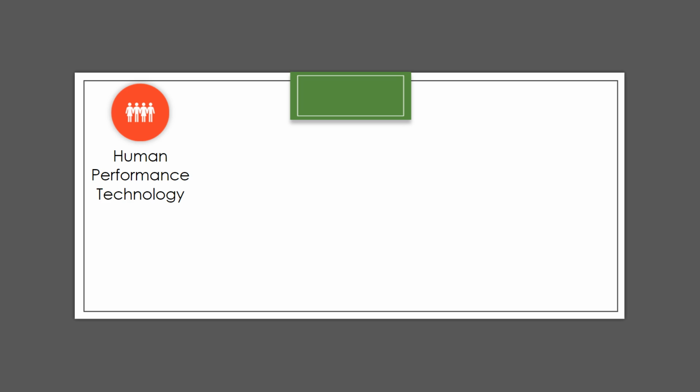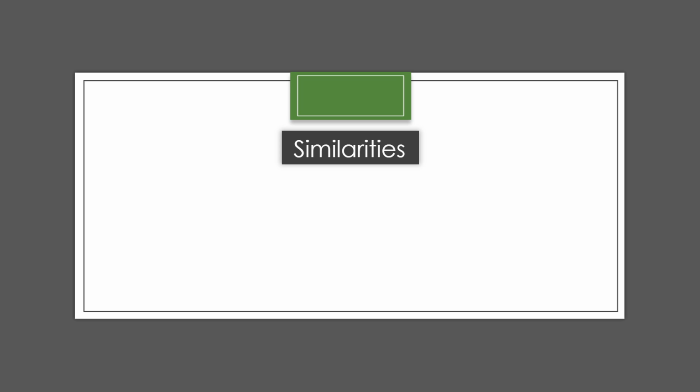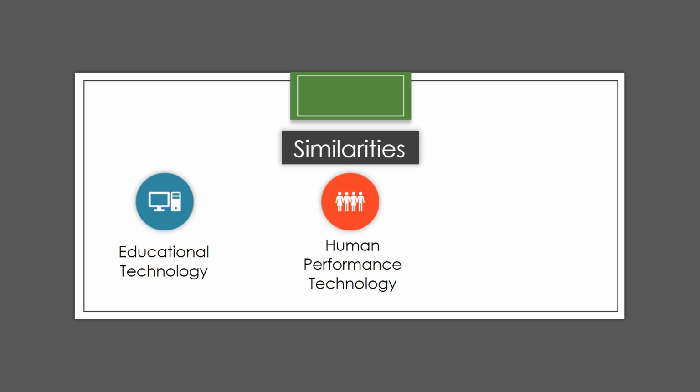The research presented today replicates existing research about human performance technology and educational technology for the purpose of examining how these two fields may be applied to each other and how they may be applied in a traditional classroom. We find that similarities exist among human performance technology and educational technology in the traditional classroom setting, including the adherence to a systematic methodology.